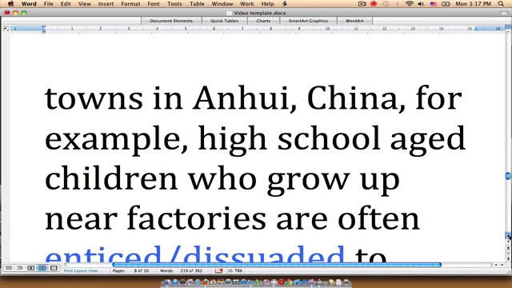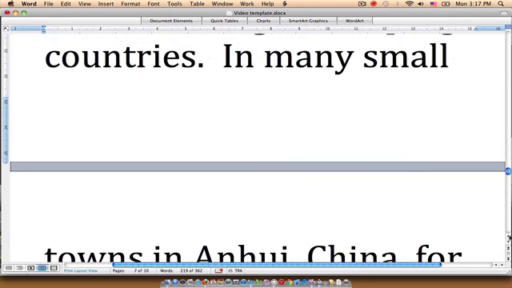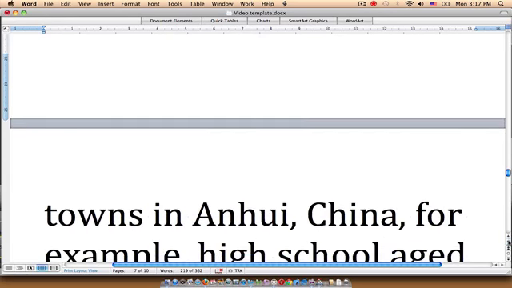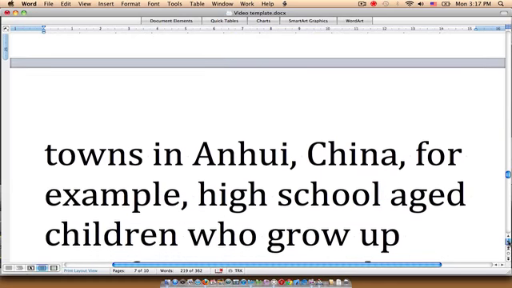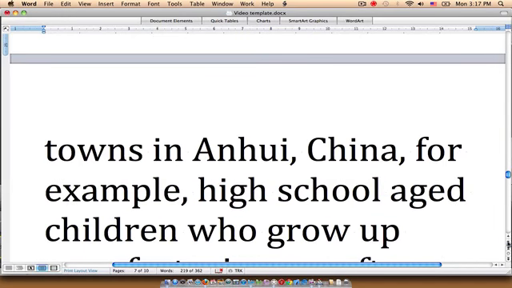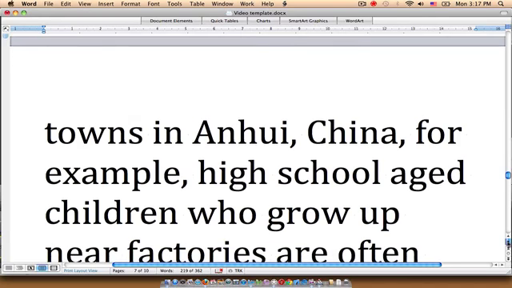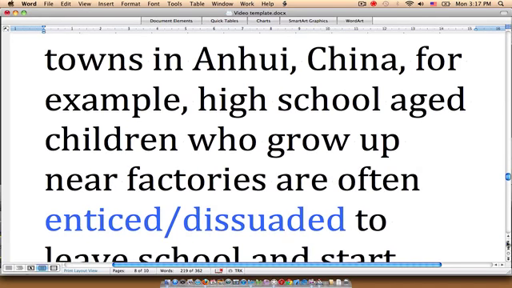So now here we're giving an example of small towns, and these would not be extremely large areas. And we're trying to argue that when factories are located in these kinds of places, people are often encouraged to leave high school. That's what we're trying to say in our example.